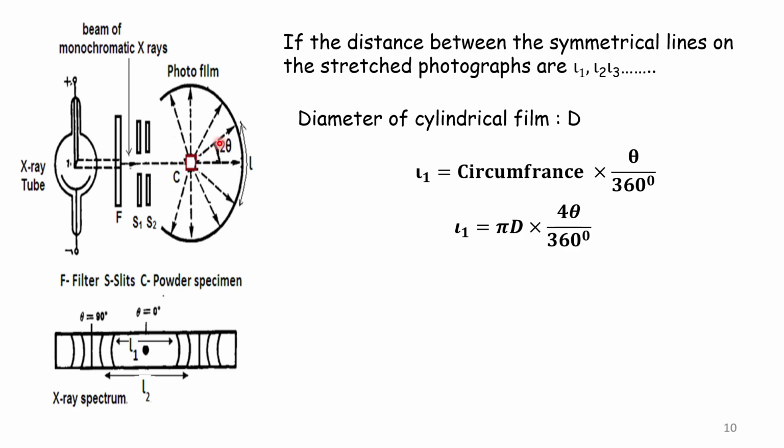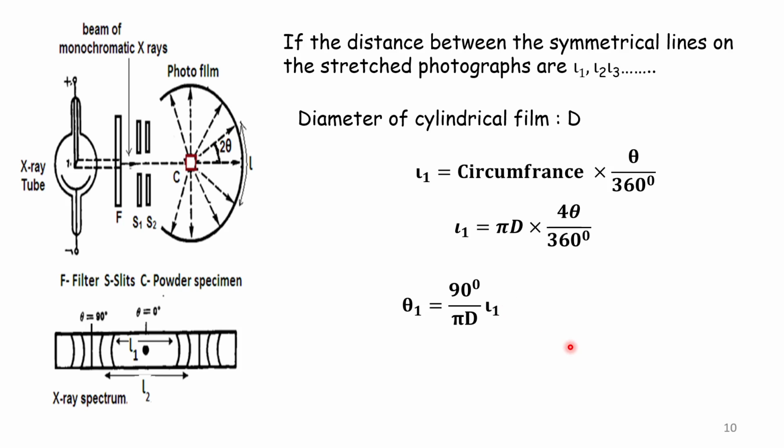Here D is the diameter of this circular ring. Therefore, the circumference is pi D, and the total angle is 4 theta. Therefore, we can write L1 equal to pi D into 4 theta divided by 360 degrees.